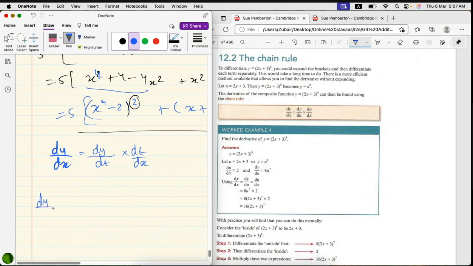Basically, when you differentiate y with respect to time and x with respect to time, this is how it should be written. X and y in the denominator? X with respect to time and y with respect to time? Okay.